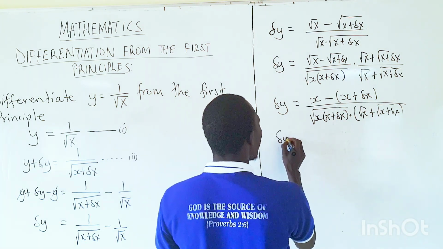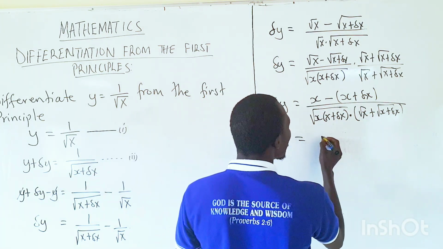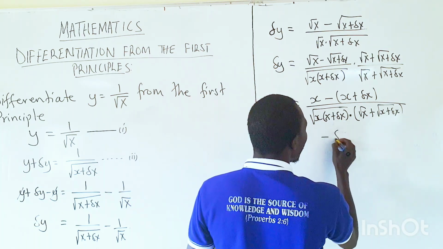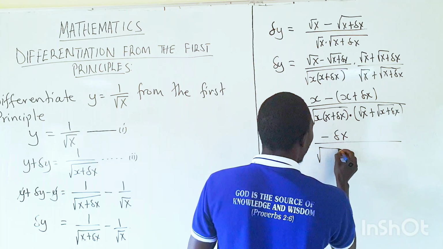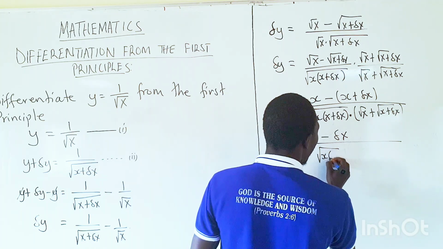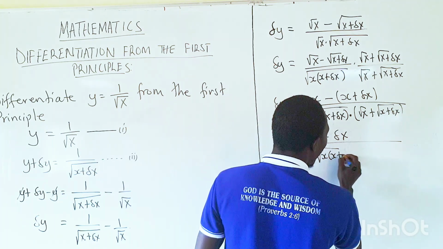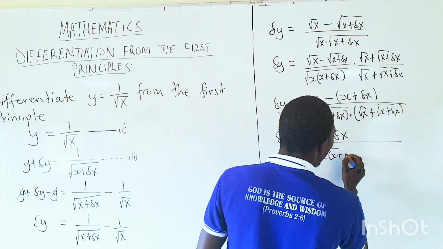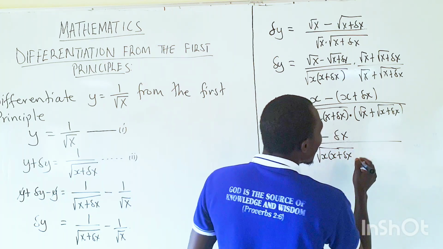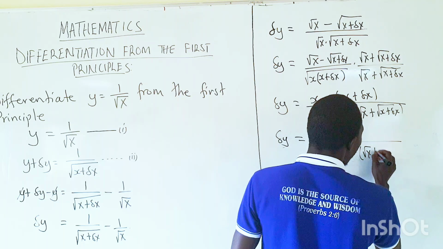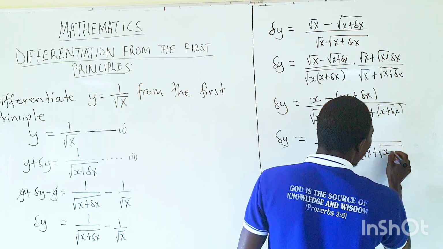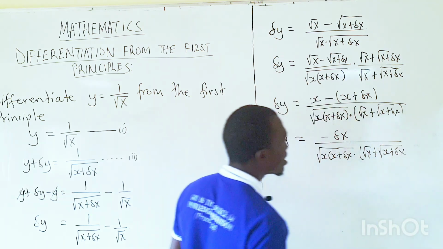So we shall have now delta y is equals to negative delta x all over root of 2x into 2x plus delta x, then times in bracket root 2x plus root 2x plus delta x.